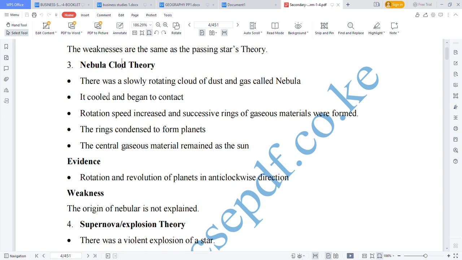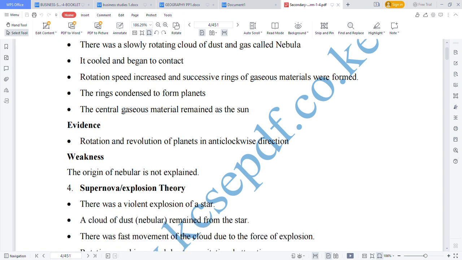Rotation speed increased and successively rings of gaseous materials were formed. The rings condensed to form planets. The central gaseous material remained as the sun. So that is nebula cloud theory.